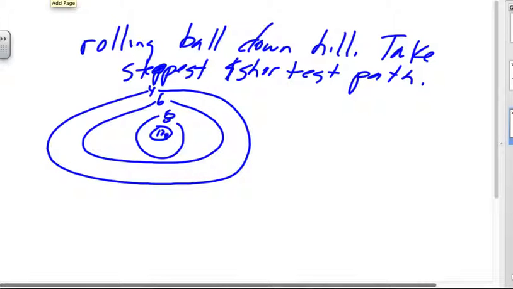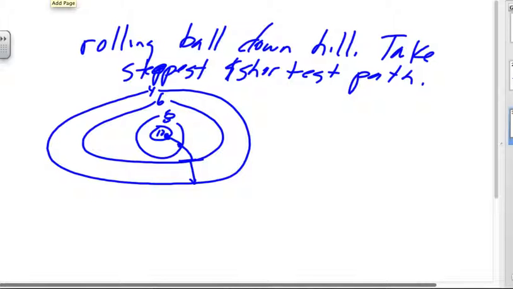When we start something out here and we push it downhill, what we know is it's going to take the shortest path between here and the next one, but it's also going to end up being perpendicular to it. And then the same thing here, it's going to come down here, and then it's going to come down here. And what you'll notice is that these things always end up perpendicular to these tangent lines. So these can be used to find the shortest path of an object going downhill.